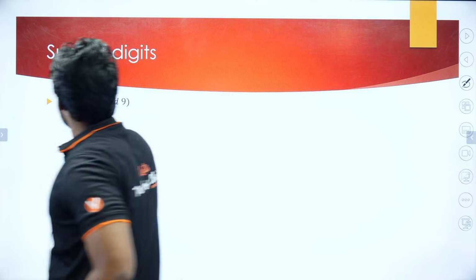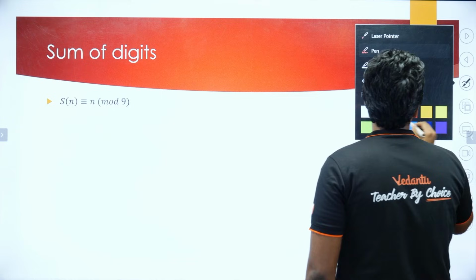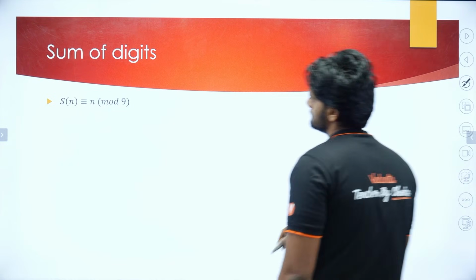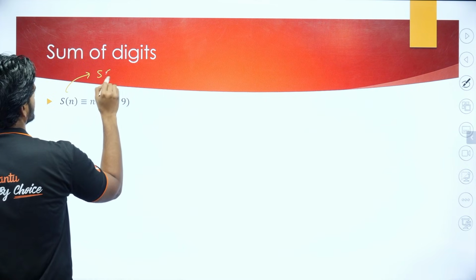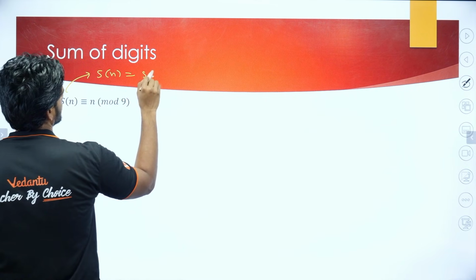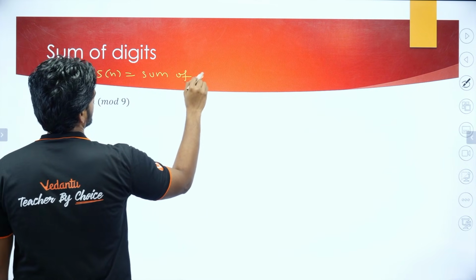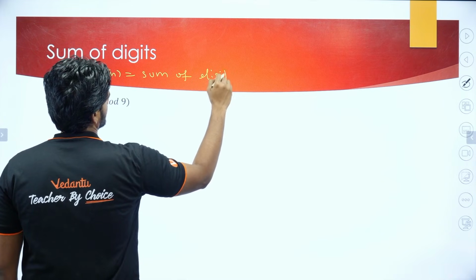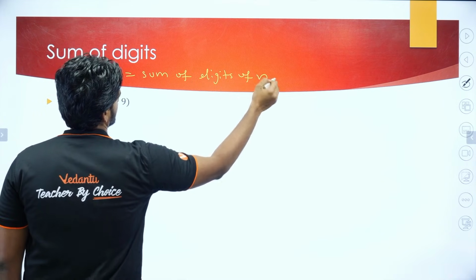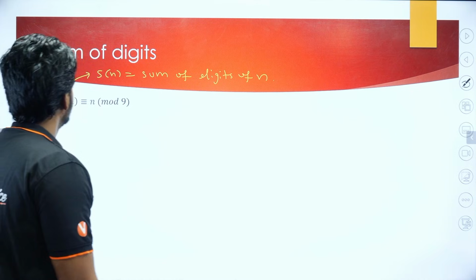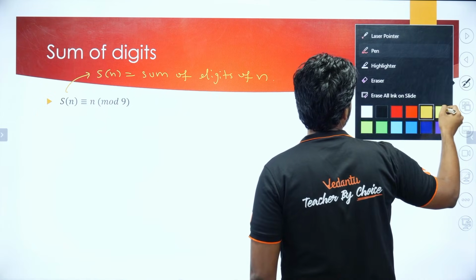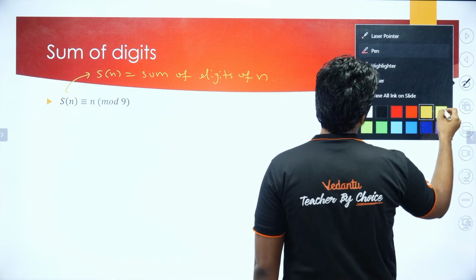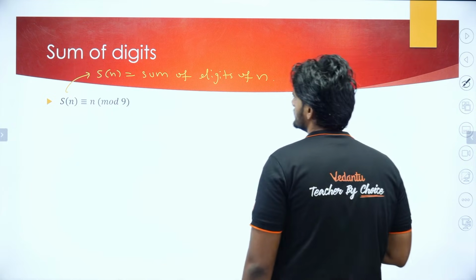If Sn is the sum of digits, this is practically the divisibility rule of 9 as well, 9, 3, everything, right.